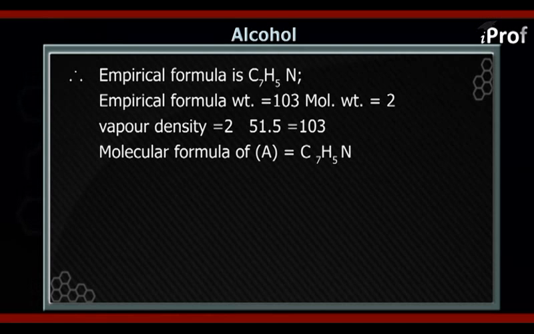So if you have a vapor density of 51.5, then by the relation between vapor density and molecular weight, the molecular weight is twice the vapor density.